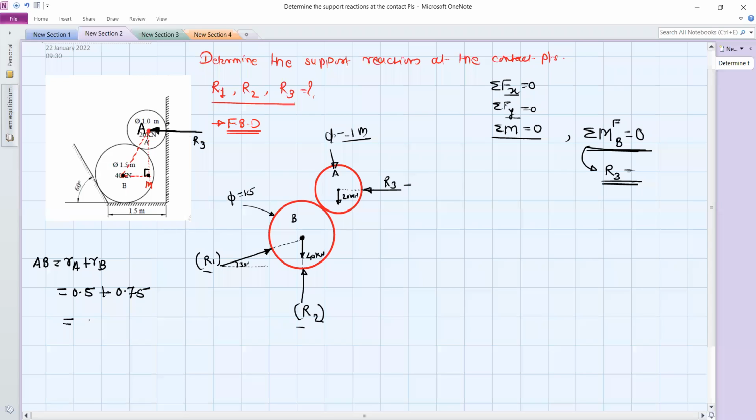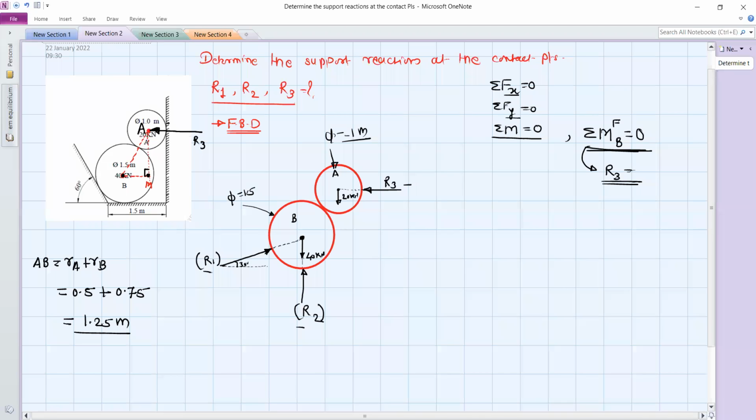So this will be 1.25 meter. Now we have got the distance AB.